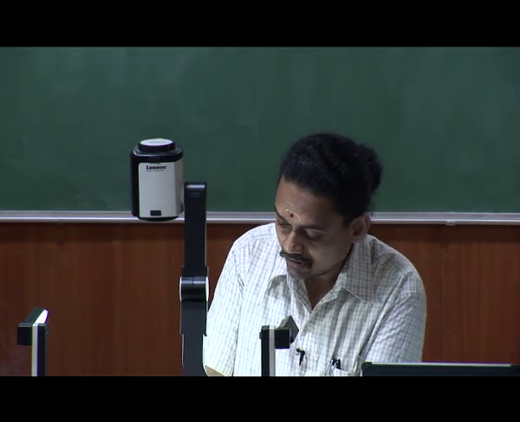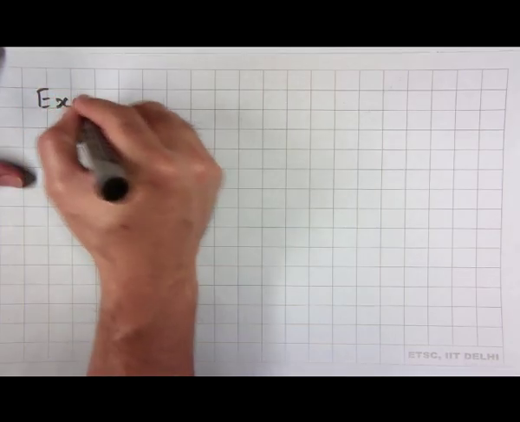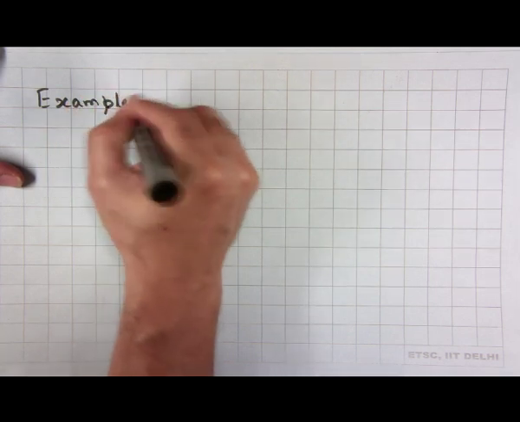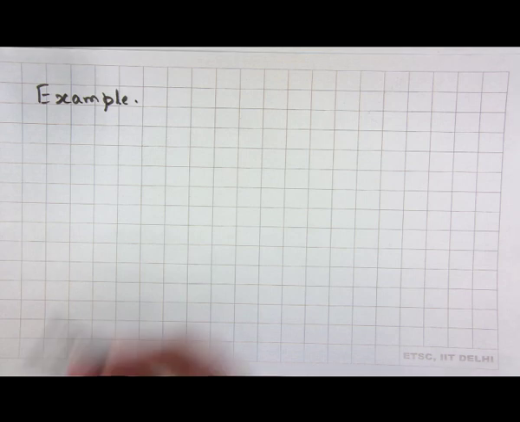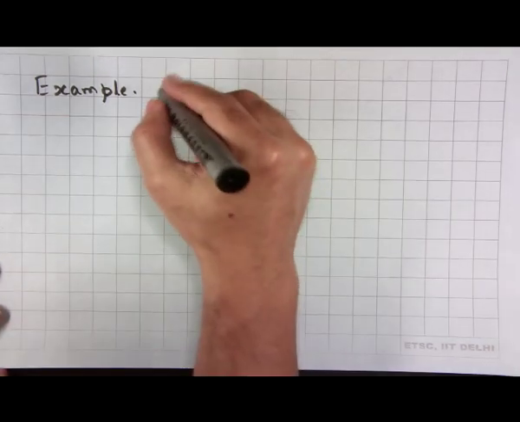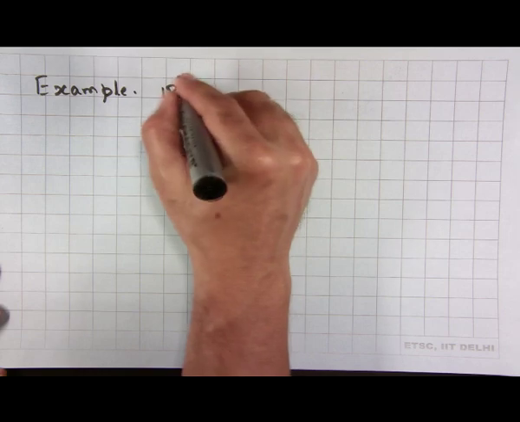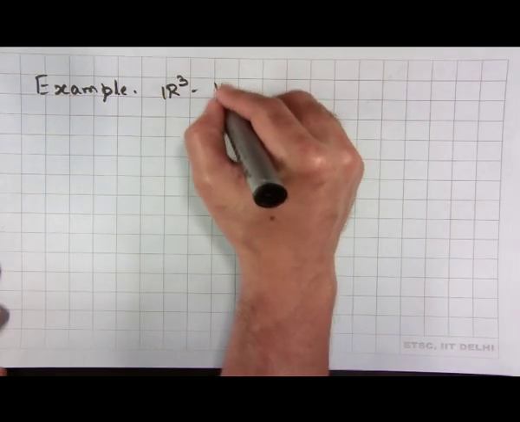Now, let us do one more example. This is again a familiar example, a known one for all of us. Let us look at R 3, the 3 dimensional plane.